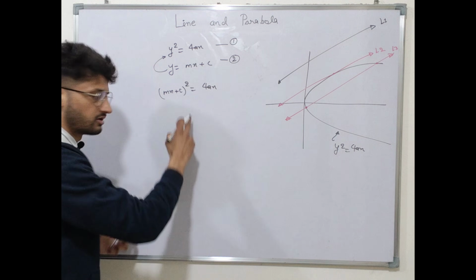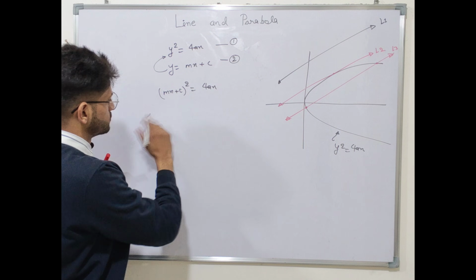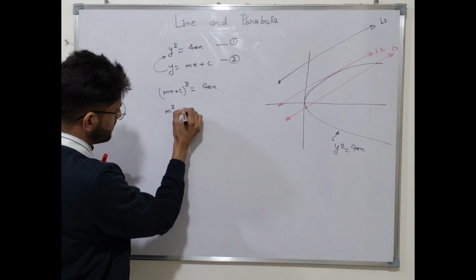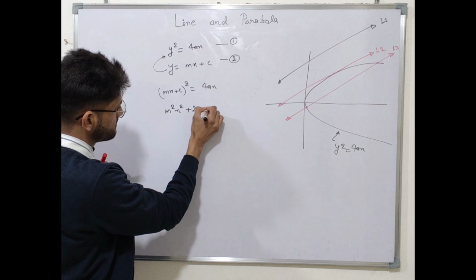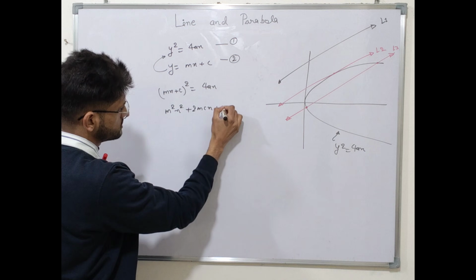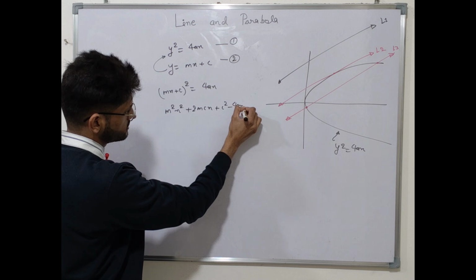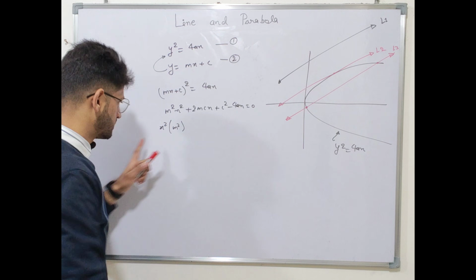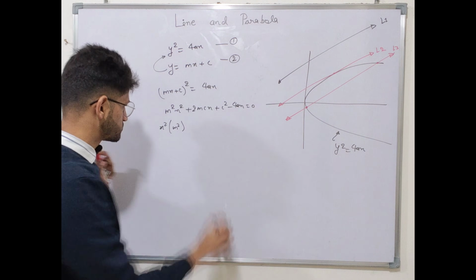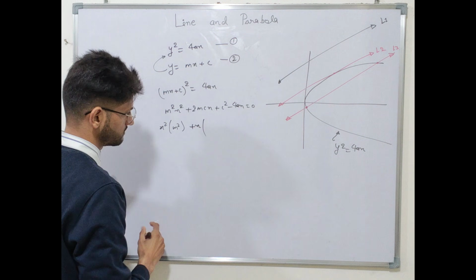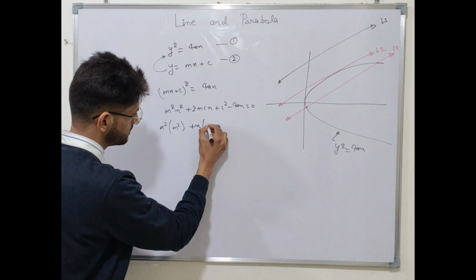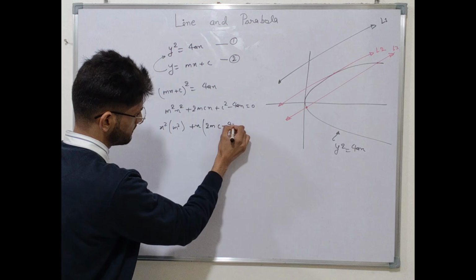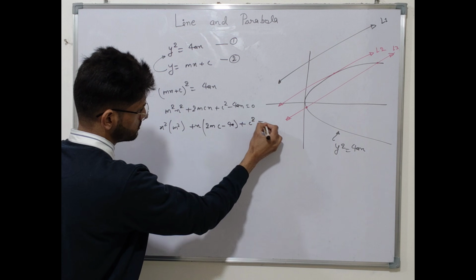Now open this square. We get m square x square plus 2mcx plus c square minus 4ax equals 0. If we rearrange it, we can write it as x square in bracket m square, plus x in bracket 2mc minus 4a, plus c square equals 0.